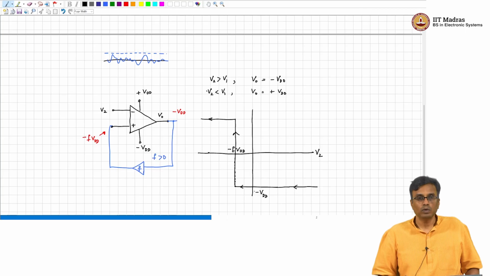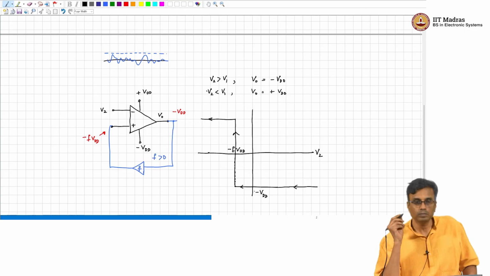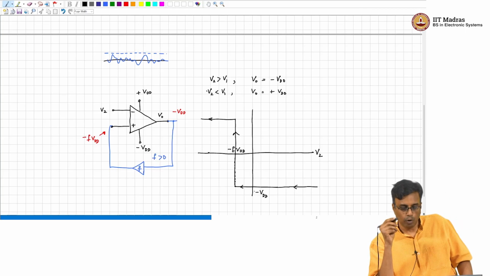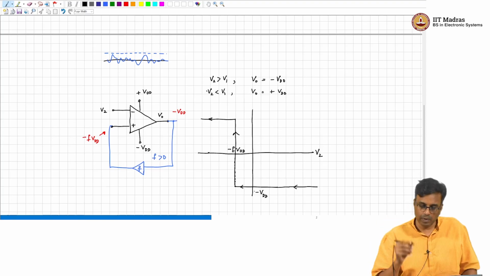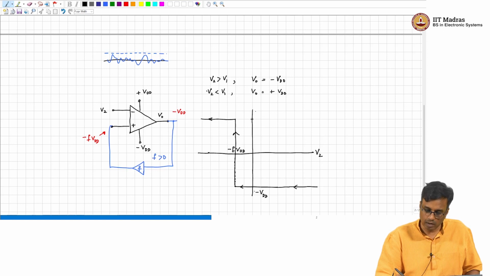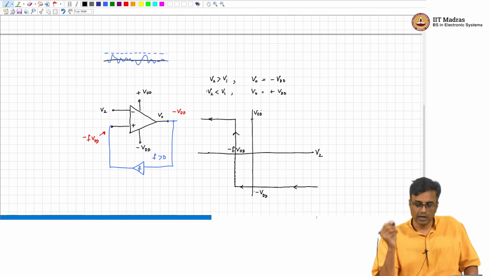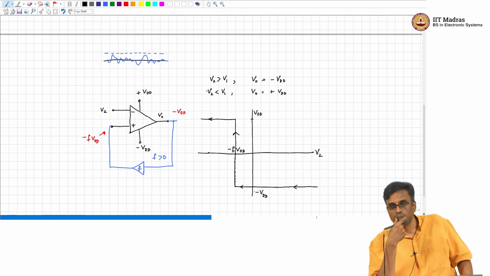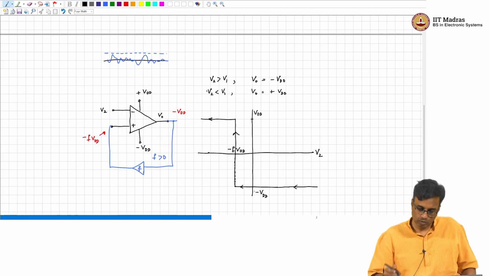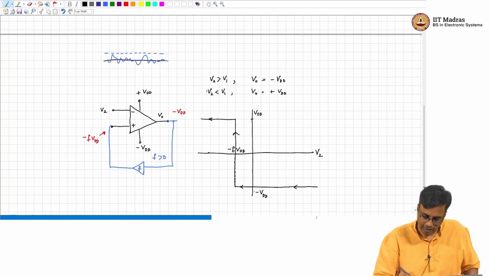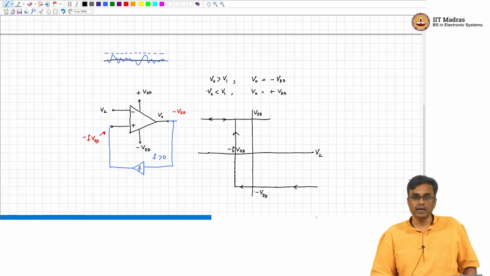What happens now? What is the output now? Output is plus VDD. So, what must happen to the input for the output to flip from plus VDD to minus VDD? Yeah, the input must go as high as plus VDD.